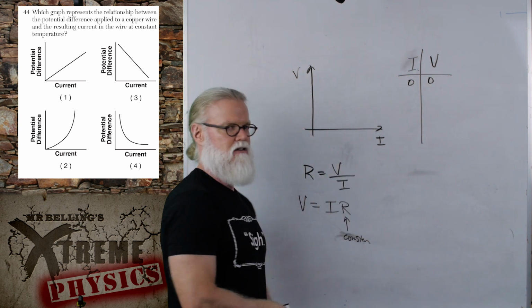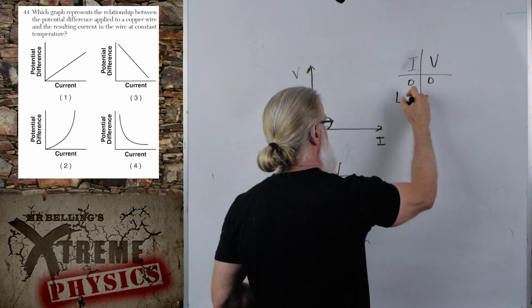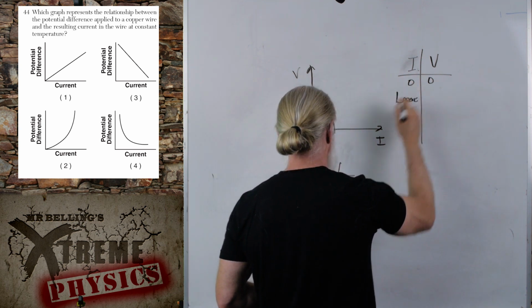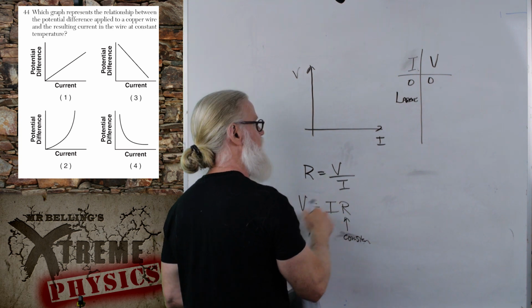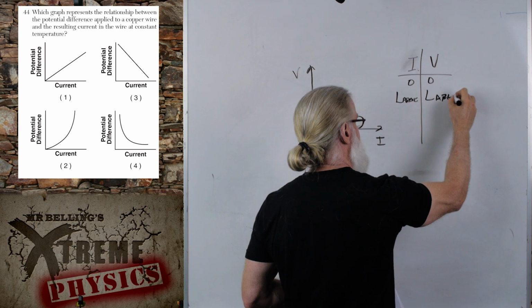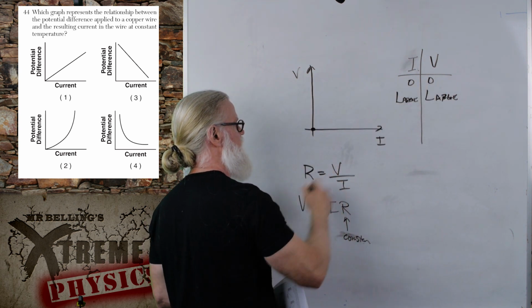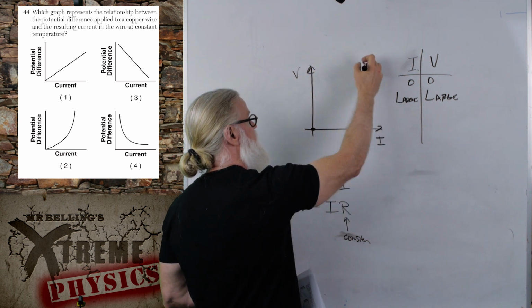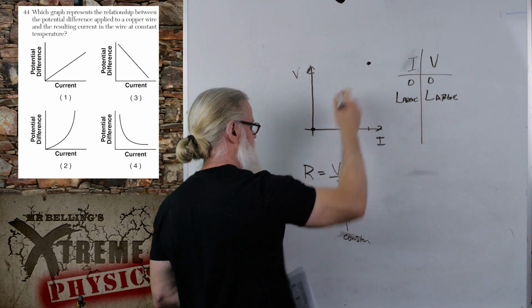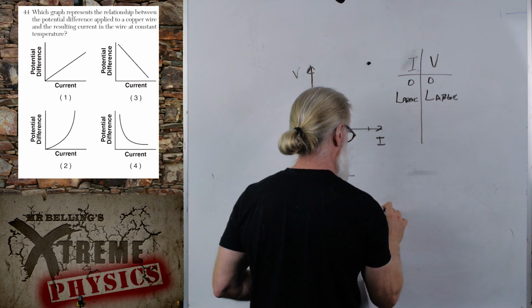All right. Now let's put in extremely large. So I'm going to put in a large number for this. So if I put in a large number for I times whatever R is, I'm going to get a large number for V. So let's plot those. 0, 0 is right there. And large, large, I is large, V is large. That's right up there. Now, since it's ohmic, let's rewrite this. V equals IR.